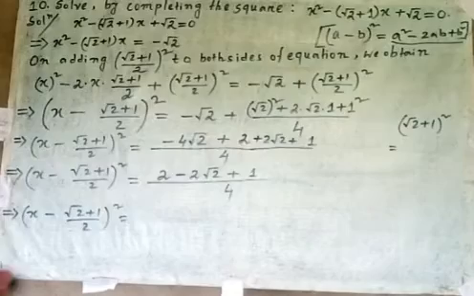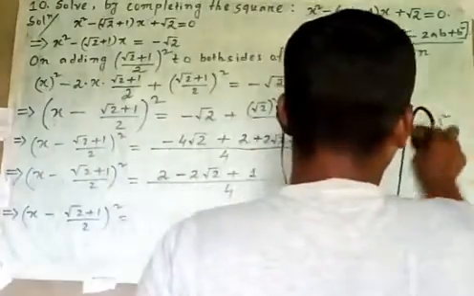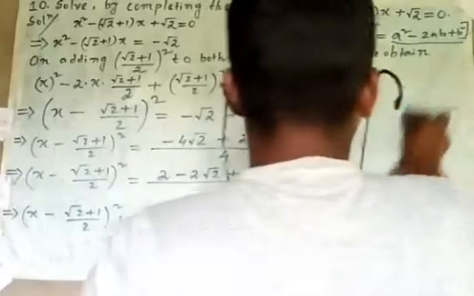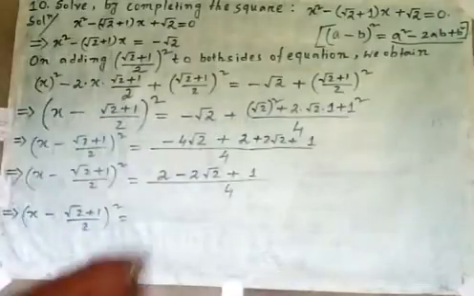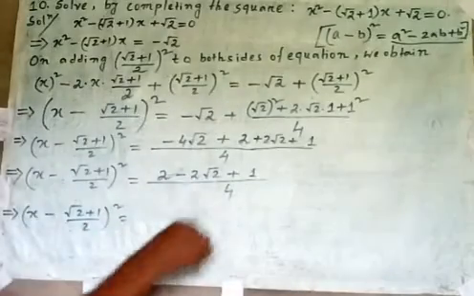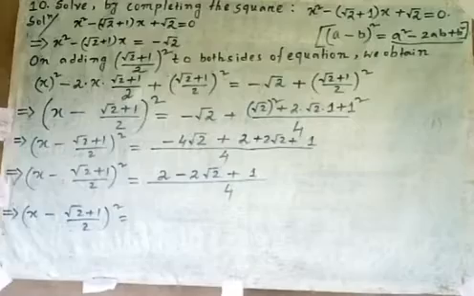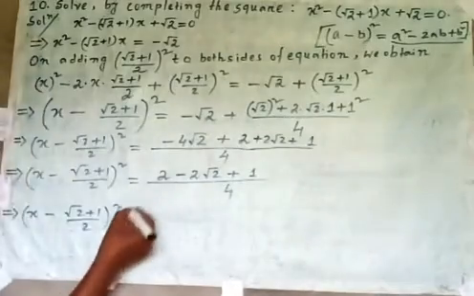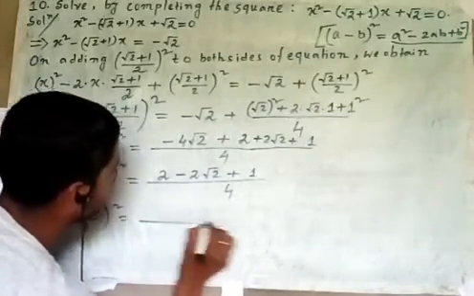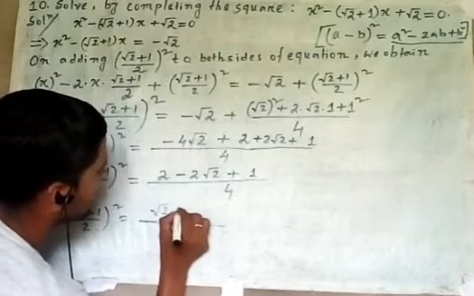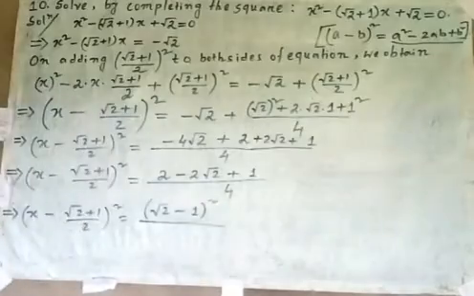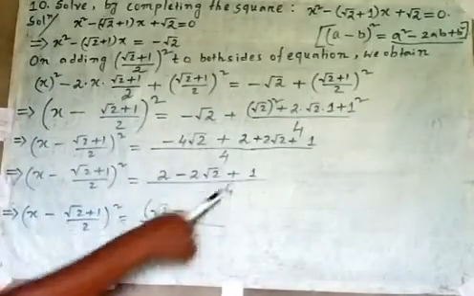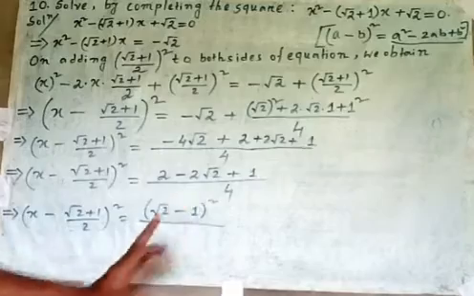This 2 − 2√2 + 1, what can we write it as? We can write (√2 − 1) whole square. 2 − 2√2 + 1 equals, we can write (√2 − 1) whole square.